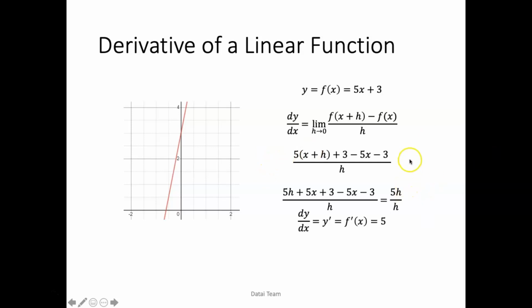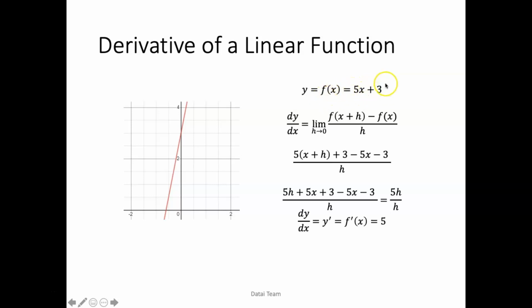When taking the derivative of a linear function, it is simple, because when you have a linear function, the derivative is always equal to the coefficient of x. As you can see here, let's say that our x is 0.